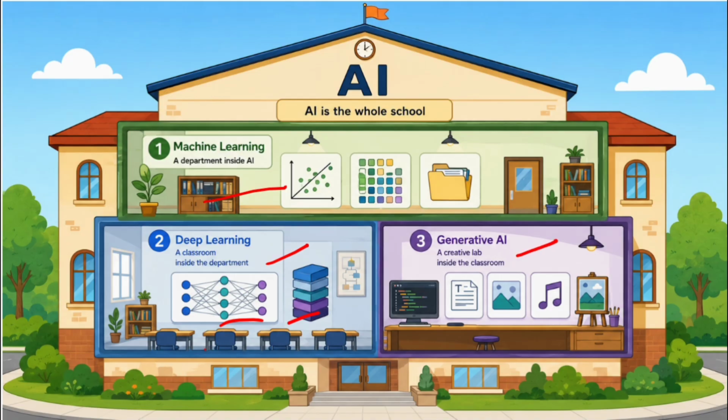It is especially useful for complex information processing. The creative lab generates output such as image, text, music or code. So AI is the whole school, machine learning is one department of it, deep learning is the advanced classroom inside a department, and generative AI is a lab created with the help of deep learning, but it is generating.